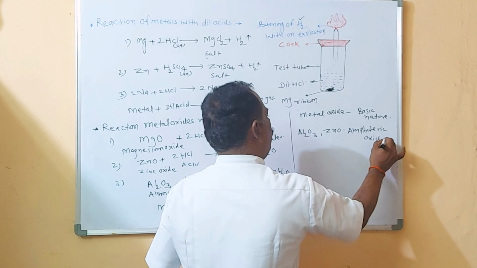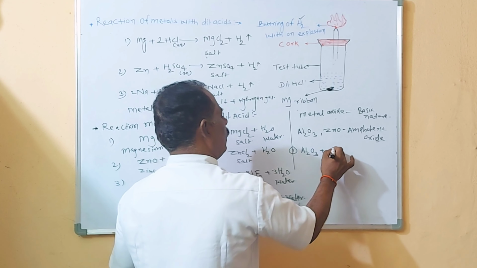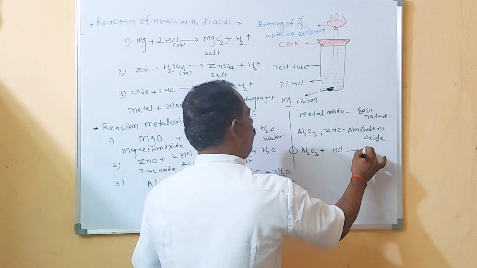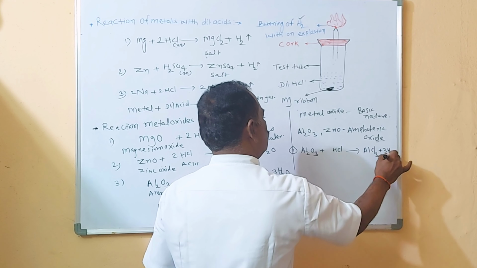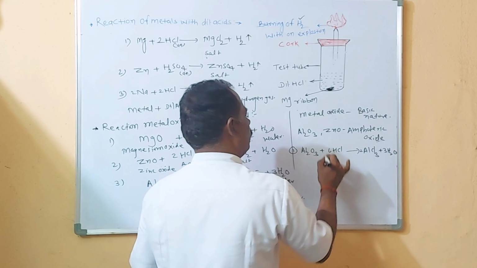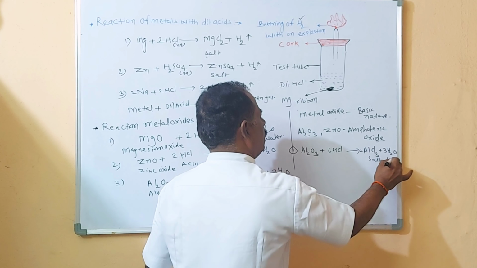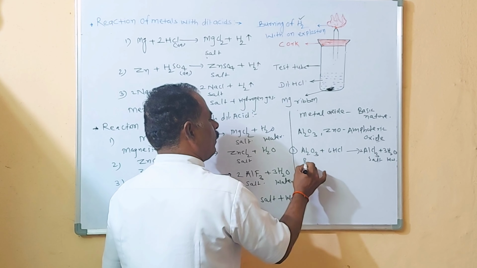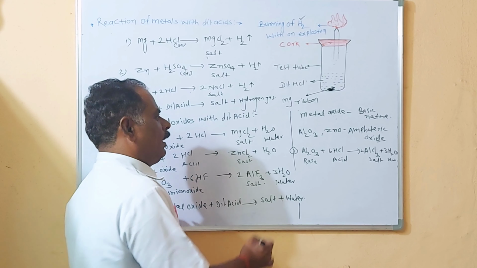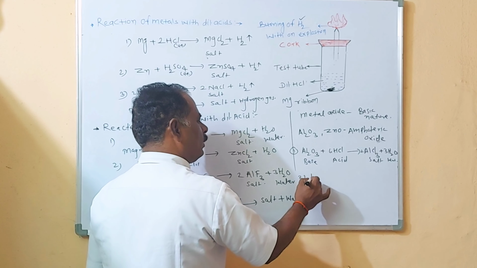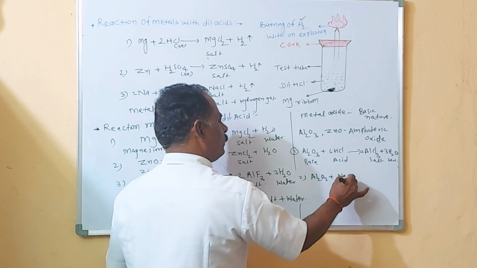You see here, aluminium oxide reacts with HCl, hydrochloric acid, to form AlCl3 plus H2O, salt and water. In this reaction, the aluminium oxide is a base and this is the acid. And the same aluminium oxide is treated with a strong base like NaOH.